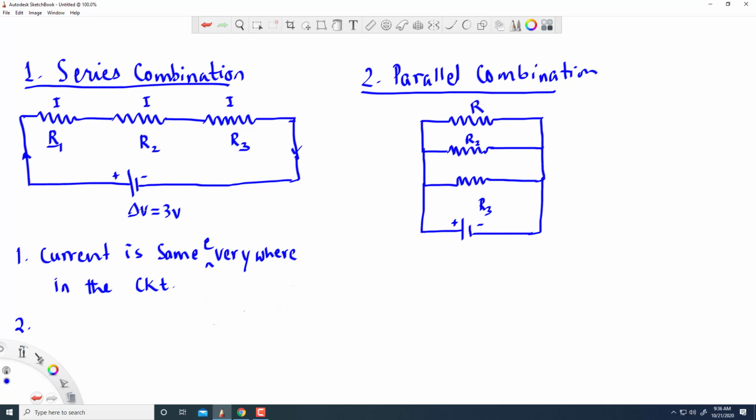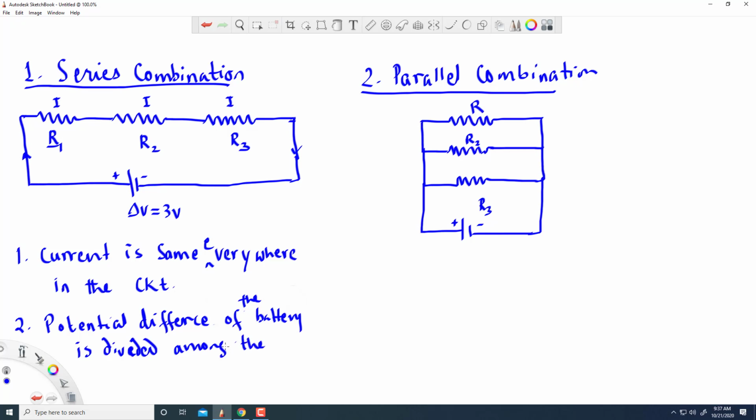So, the potential difference of the battery is divided. These are the 2 things you need to remember for the series combination.